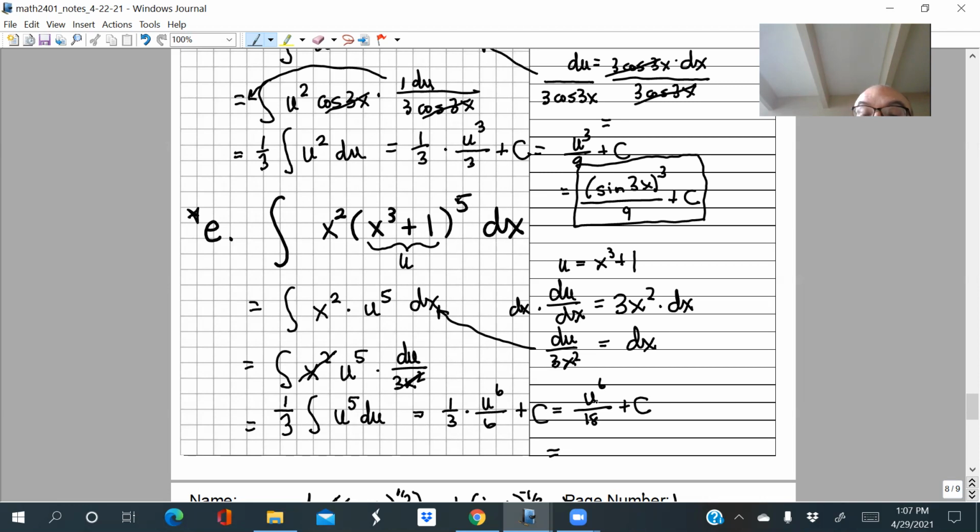But u was x cubed plus 1. So instead of writing u, I'll write x cubed plus 1 to the 6th power over 18 plus the constant. So there is the antiderivative. That looked terrible, but it actually is not a bad antiderivative at all. It's pretty easy to find.